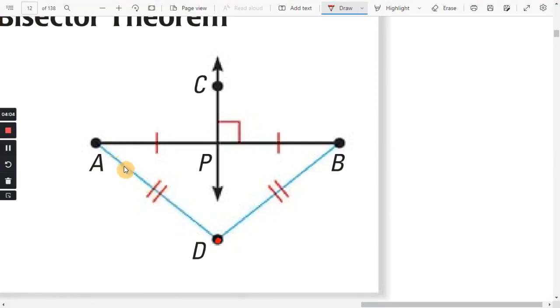So DA matches DB, or they're congruent. And since they both intersect at point D and they're both the same distance to the endpoints, that means that point is going to be on the perpendicular bisector. So point D is actually on line CP.